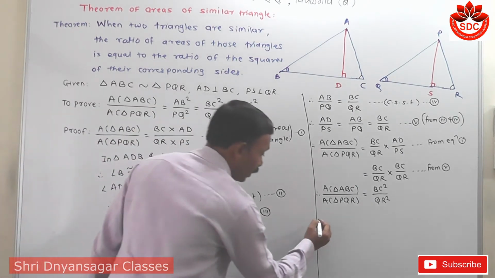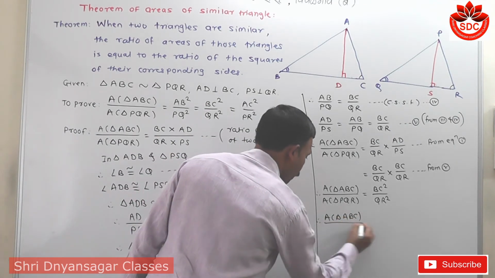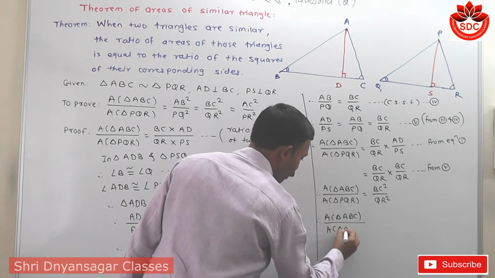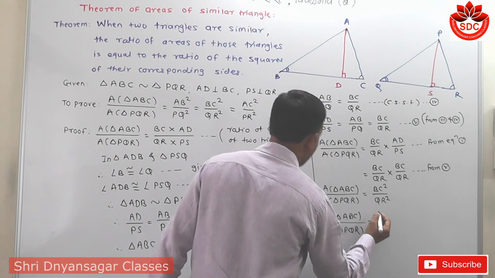Our last point is that therefore area of triangle ABC upon area of triangle PQR is equal to the squares of their corresponding sides.